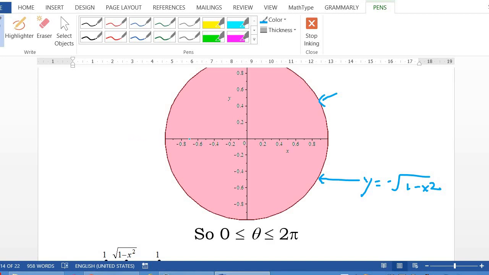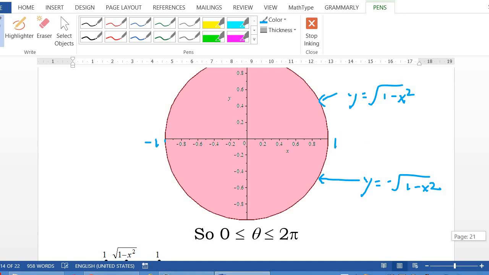In the circle curve, we cut it by y equals 0, so we have two curves: y equal to negative square root of 1 minus x squared and y equal to positive square root of 1 minus x squared.